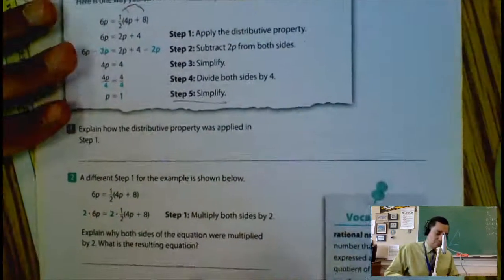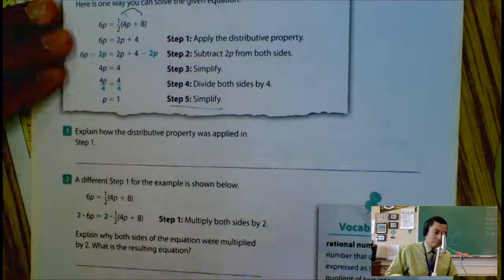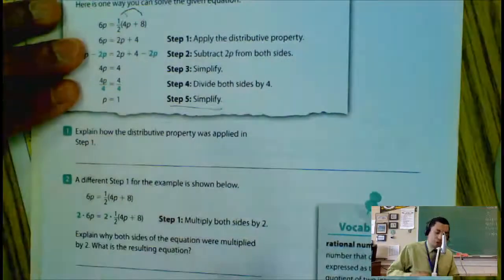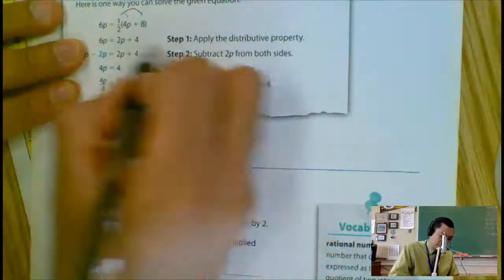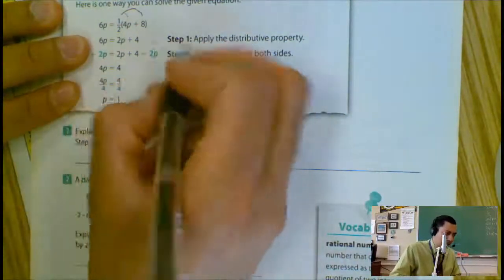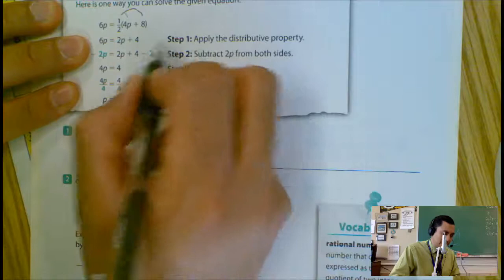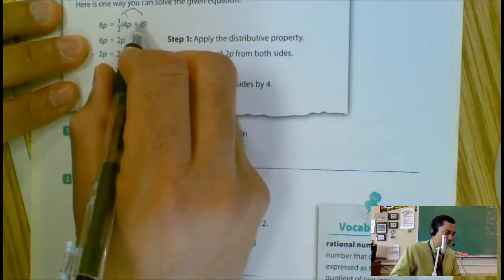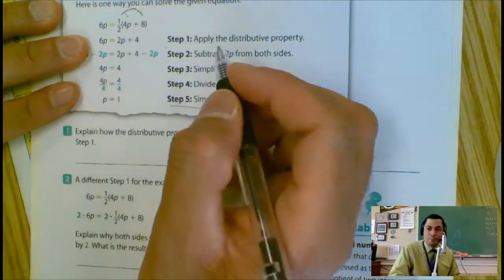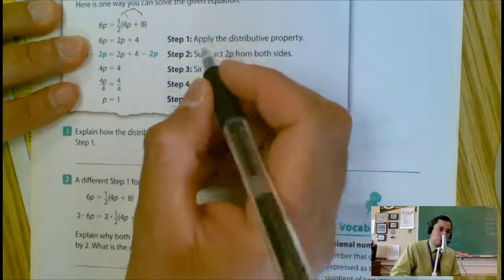Now explain step number 1. See it, each of the terms inside the parentheses, 4p and 8, were multiplied by 1/2. That's what you did.